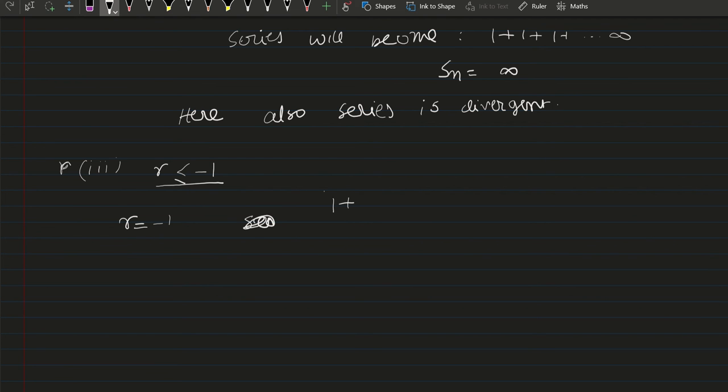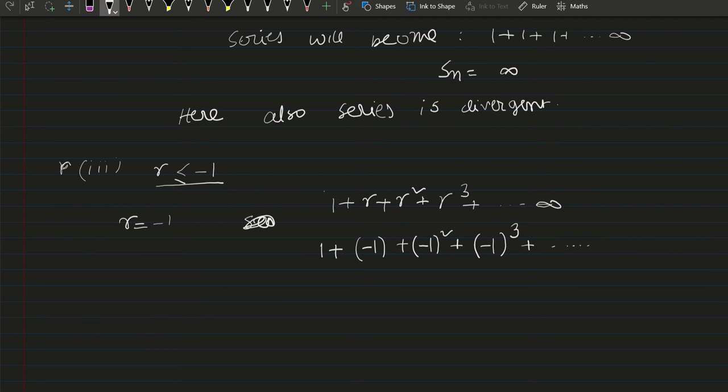That is 1 plus r plus r square plus r cube plus dot dot dot infinity. So the series will be 1 plus minus 1 plus minus 1 to the square plus minus 1 to the power cube.